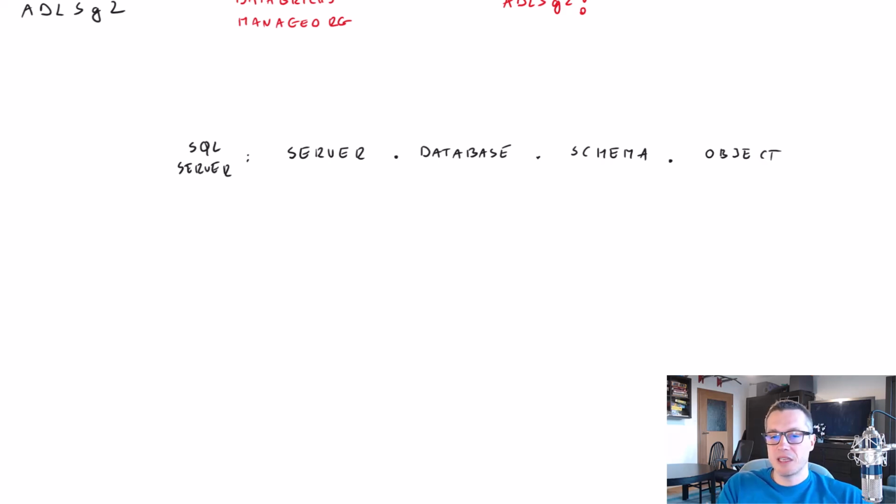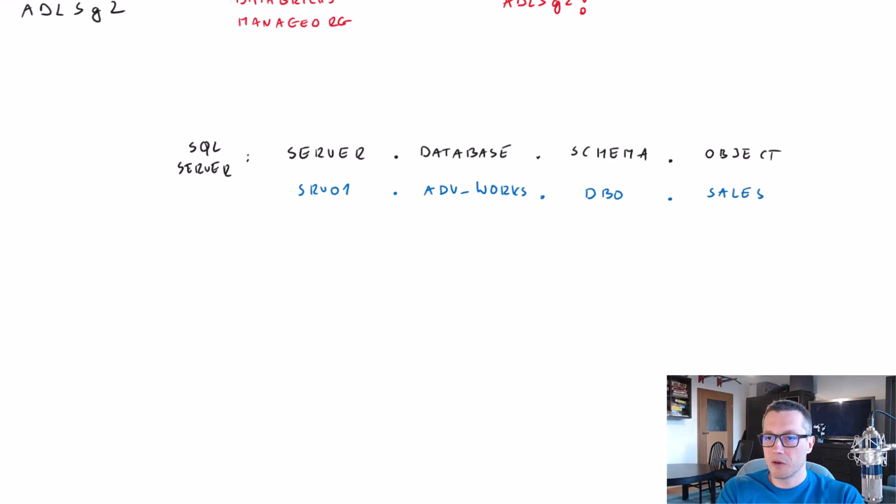So let's say that we've got a server called SRV01. Then we've got a database called AdventureWorks. Then schema DBO, or sales, or HR, whatever, and the table or object, in our case it will be a table like sales.